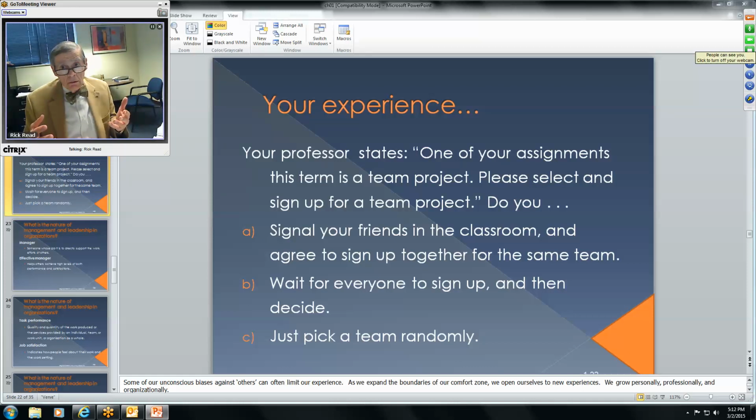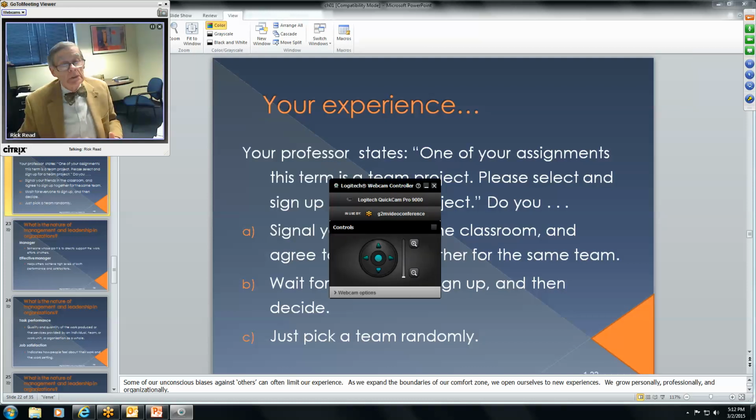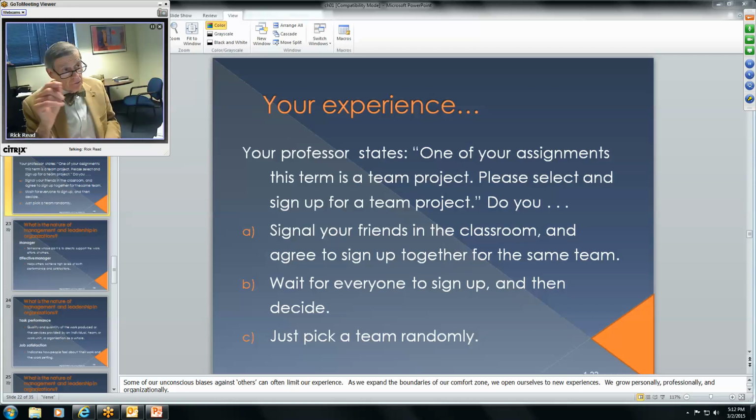This has been my experience, both as a person who has been on a team when I was in graduate school more than undergraduate school, or a person who was assigning a team project. What I saw people do is we either tend to gravitate toward our friends, or we tend to just wait until the end and then join the team because we have to join the team.